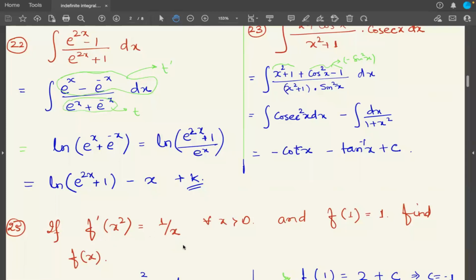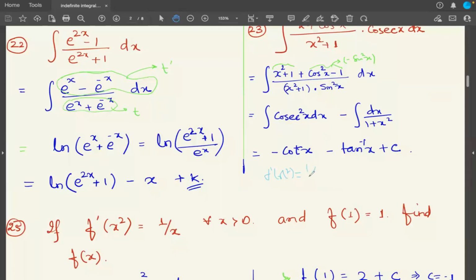So first we substitute x square is equal to t. We have to substitute because we have to convert this into a simple function. Given is f dash of x square equal to 1 by x.